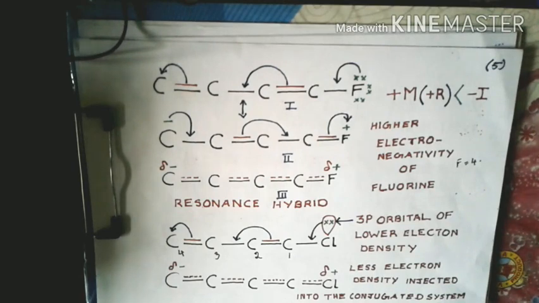So halogens are particular in that they supply a lower electron density to the conjugated system. In the case of fluorine, electronegativity is the factor, whereas in the case of other halogens, the size of the p orbital which overlaps the orbital of carbon is the factor. As size increases, electron density decreases, and the overlapped region will have a lesser electron density, so that a lesser electron density is transferred to the conjugated system.